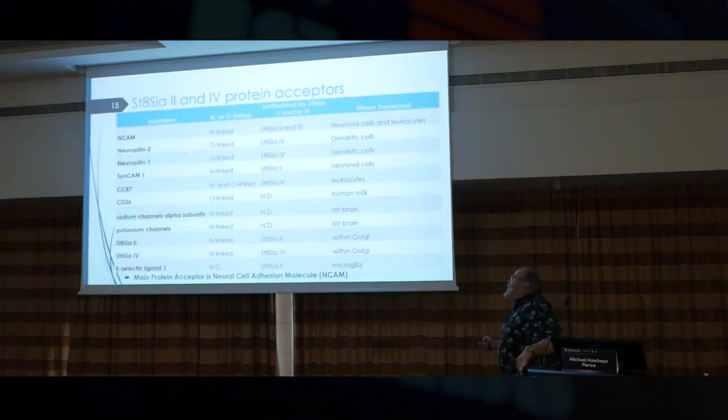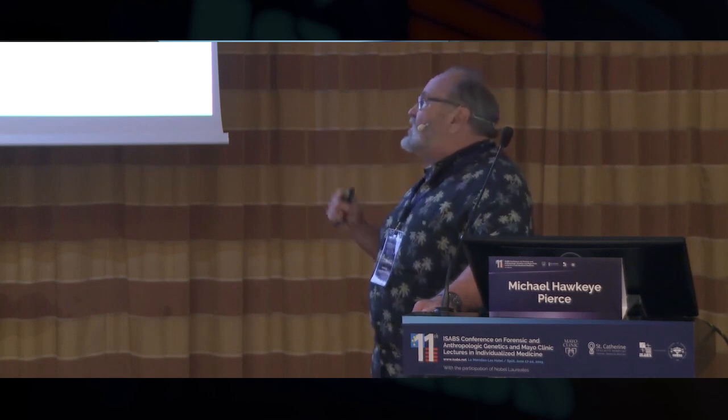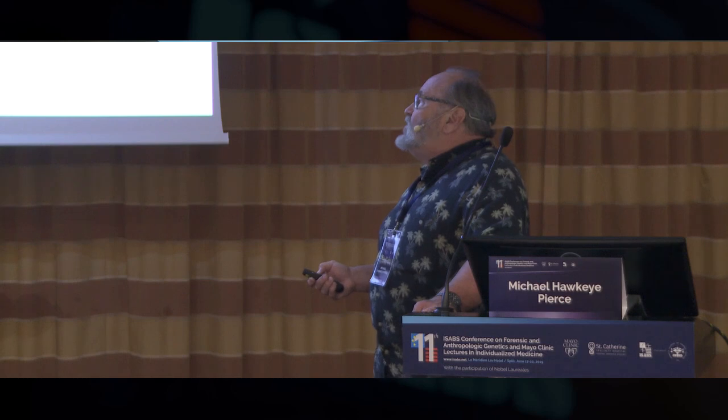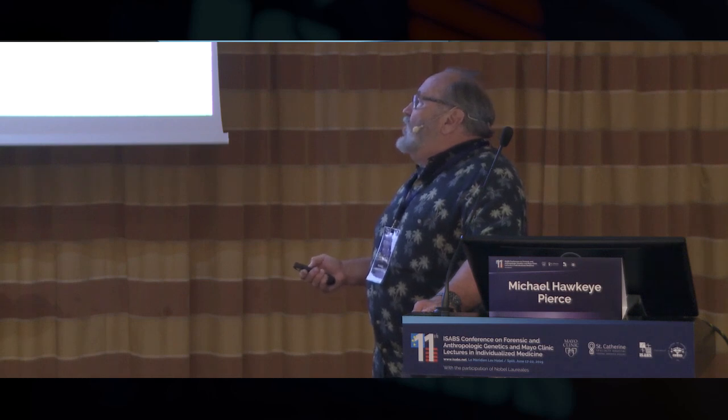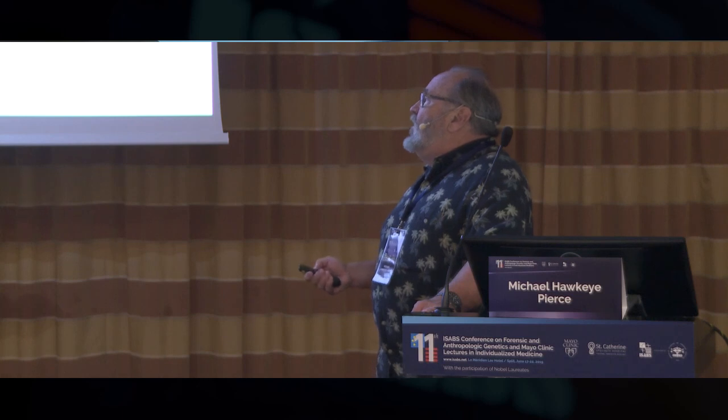Now, if we want to understand the polysialome, initially NCAM was the only protein that was known that expressed polysialic acid, and that seems to be true in the embryonic stem cell case. But now you can see a list of other proteins where polysialic acid is found, and these proteins were identified using that antibody that I mentioned before to target polysialic acid and to pull out glycoproteins so that they could be identified by proteomics, and then the structures on them could be determined.